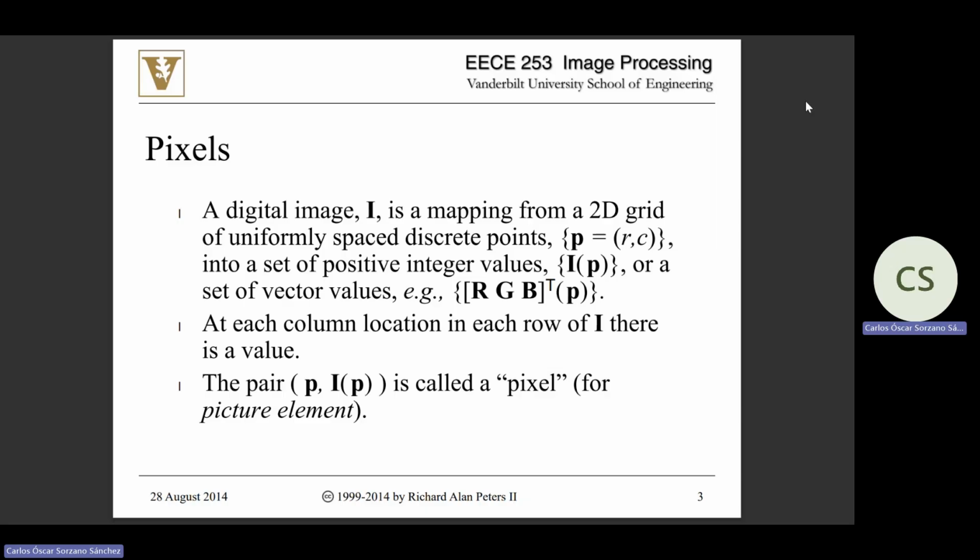That tuple is a pixel. Pixel actually means picture element. R and C here are rows and columns. The first index in this notation is the row, so you go down, and then the column, you go to the right.